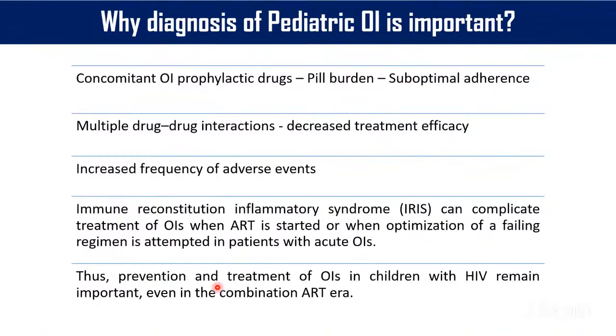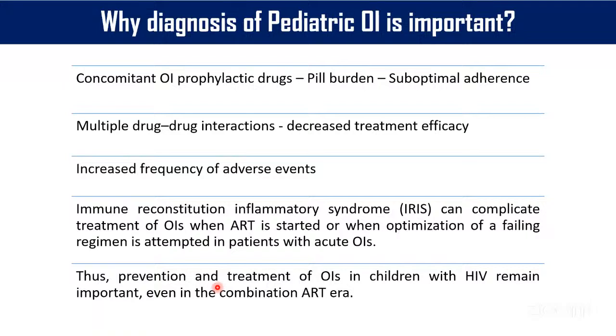Another issue is that when you give a prophylaxis, that will increase the pill burden and lead to suboptimal adherence. And with more drugs, there is more interaction, and the treatment efficacy may be decreased. With more drugs, there is an increased frequency of adverse events which may be overlapping.